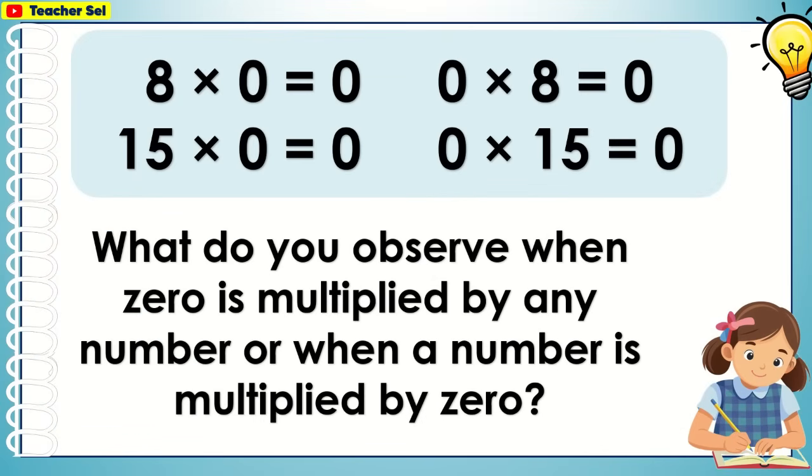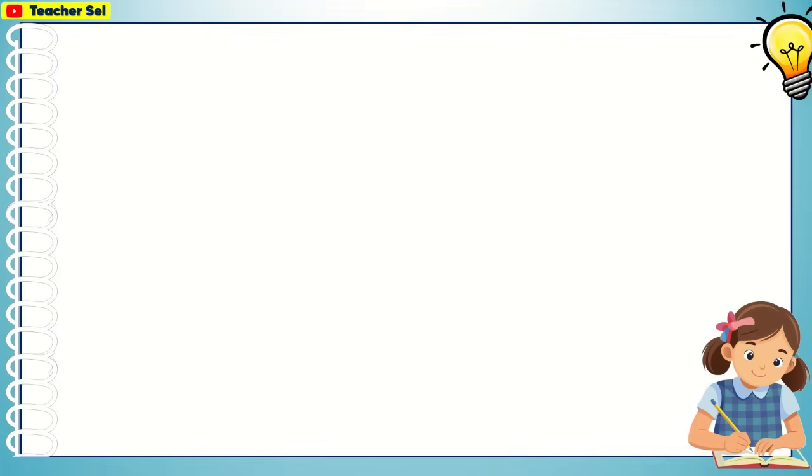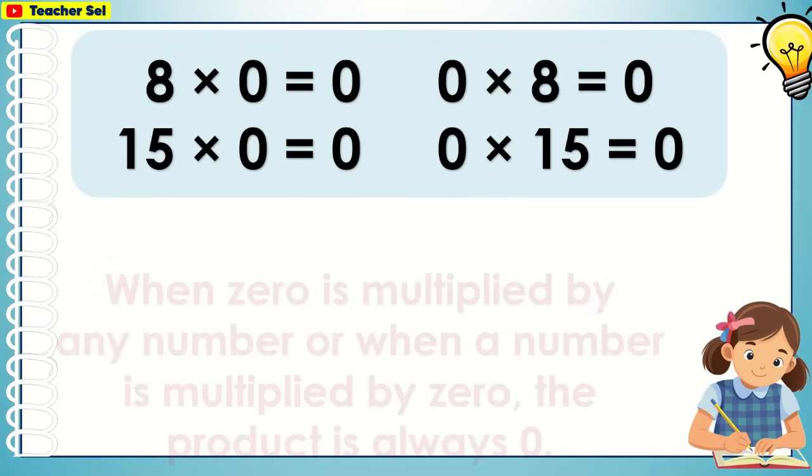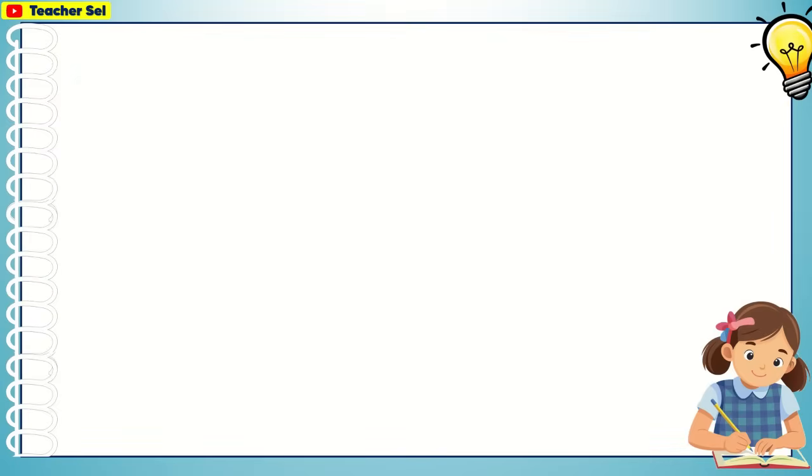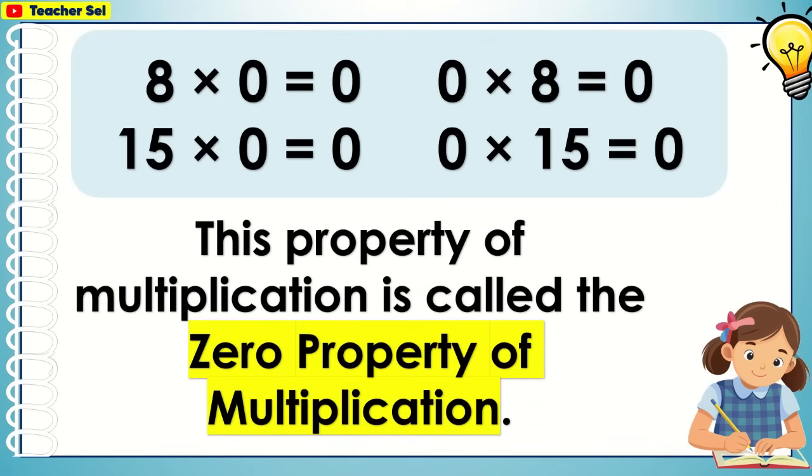What do you observe when 0 is multiplied by any number or when a number is multiplied by 0? When 0 is multiplied by any number, or when a number is multiplied by 0, the product is always 0. This property of multiplication is called the zero property of multiplication.